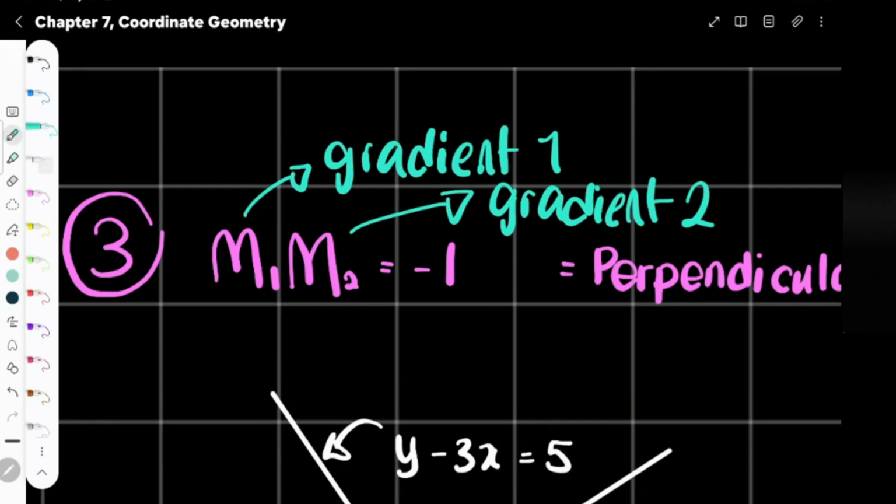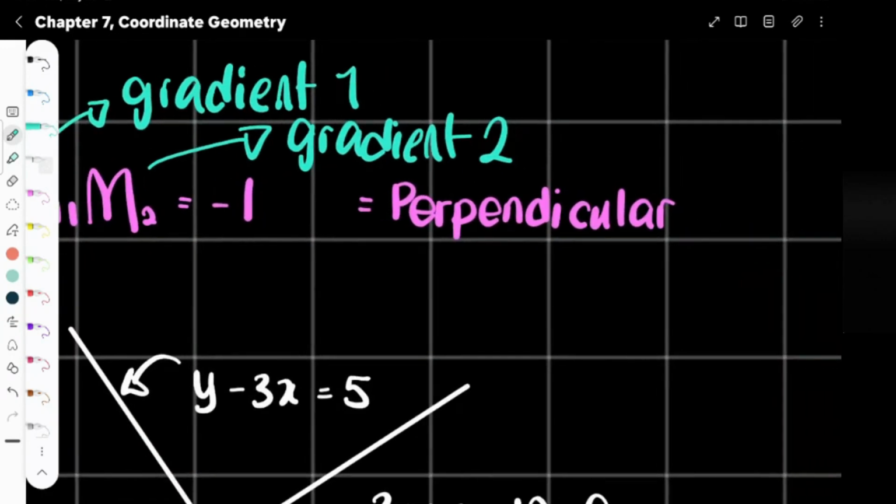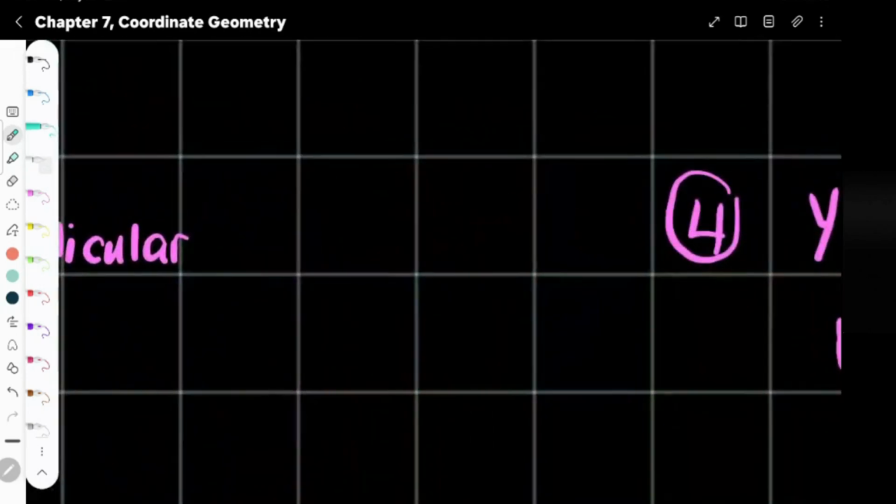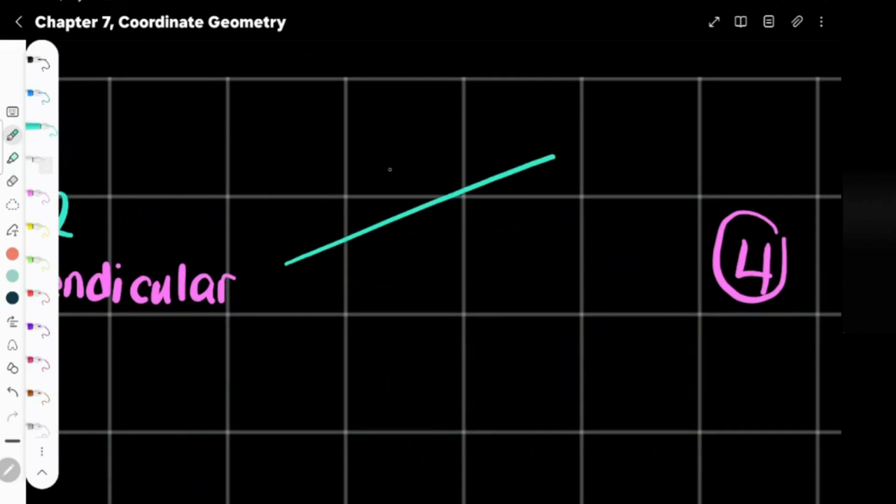But what is this formula actually for? This formula is to see whether 2 straight lines are perpendicular to each other. What is the meaning of perpendicular? Perpendicular means, imagine you have a straight line, and also another straight line. The straight lines will be 90 degrees to each other.